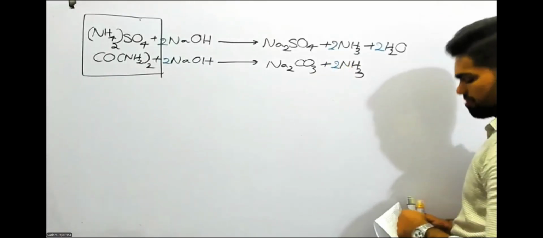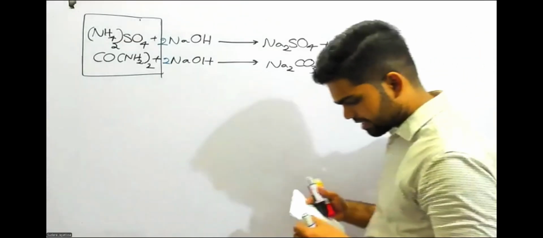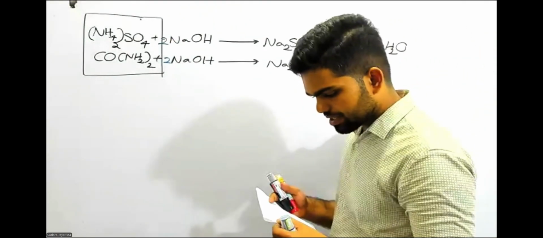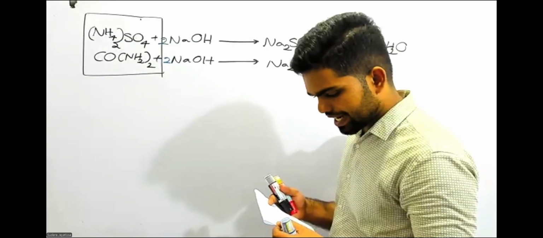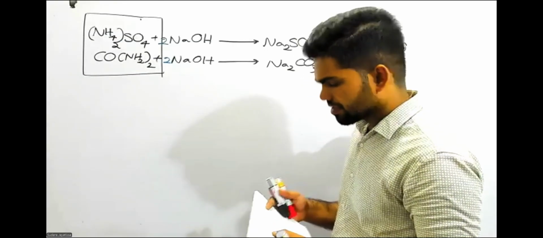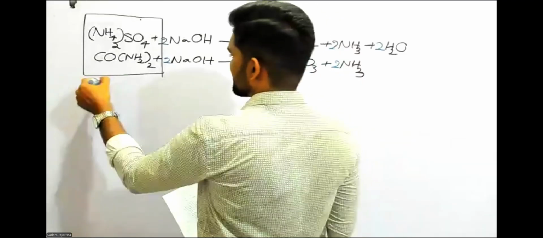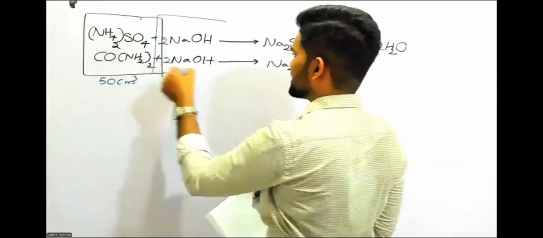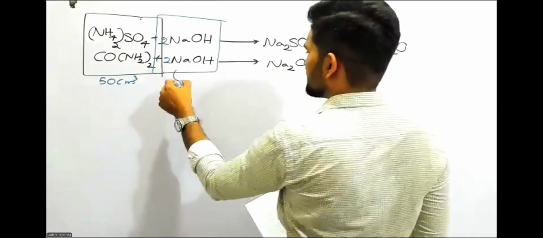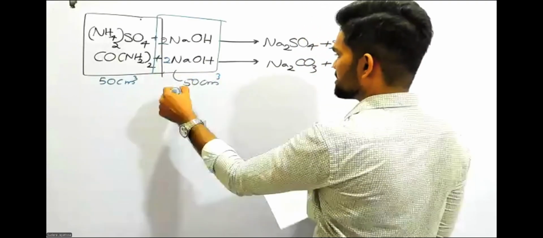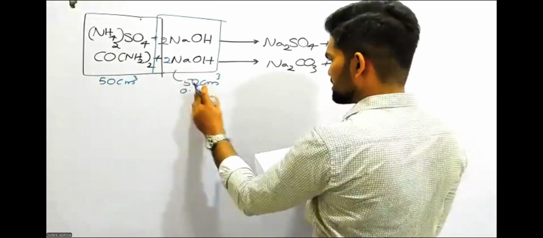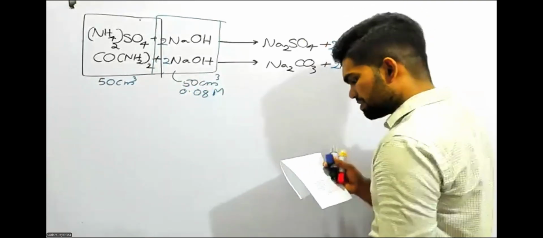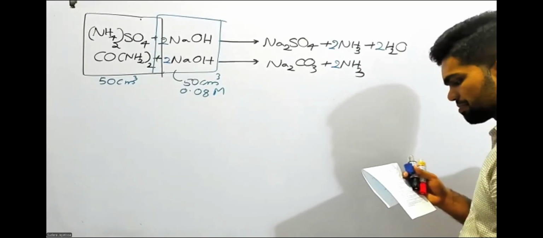Okay. Right. So it says we needed 50 cubic centimeters of 0.08 sodium hydroxide to completely react with 50 cubic centimeters of this sample. So we have needed how much? 50 cubic centimeters of 0.08 mole per decimeter cube sodium hydroxide solution.